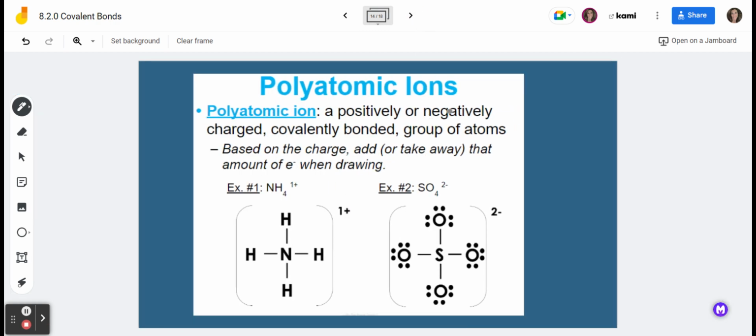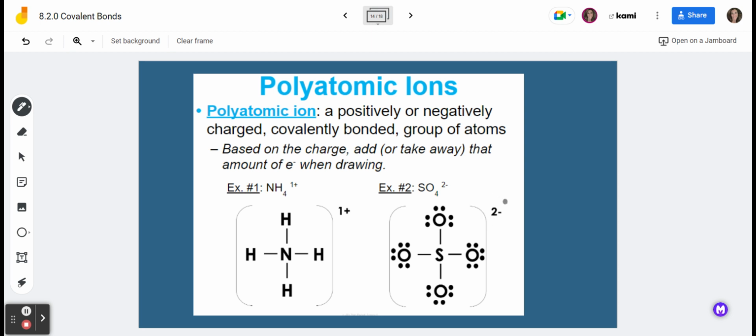Polyatomic ions, because if you look at the structures or the atoms involved, they are all nonmetals, even though they have charges. So collectively, they have a charge, but they are covalently bonded, actually. When we draw these, you are going to do your valence electron total as normal. But then if you have a positive one, you will take away an electron.